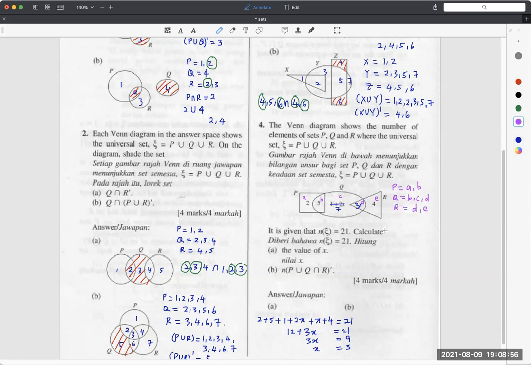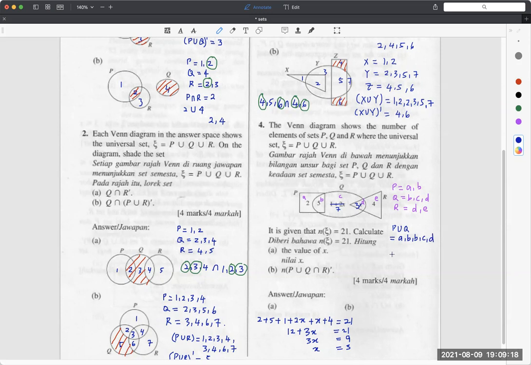Okay, so now we look at the question. P union Q. So P union Q will be A, B, C, D. Look at the list. This one ignore dulu.